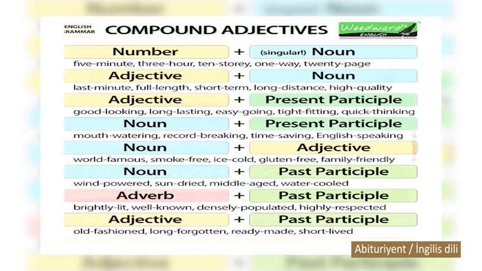Noun plus adjective: world-famous, smoke-free, ice-cold, snow-white. Noun plus past participle: wind-powered, sun-dried. Adverb plus past participle: highly developed, highly educated. Adjective plus past participle: old-fashioned, long-forgotten, ready-made, etc.